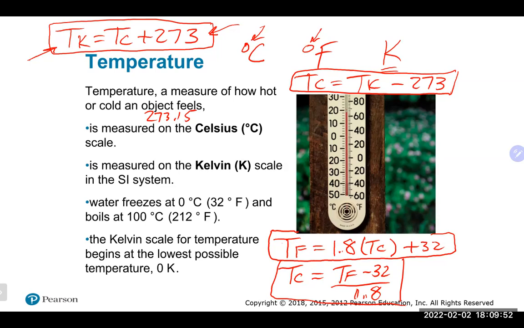But really the Celsius to Kelvin is definitely the one that you should put into your head. Again, you really need to know all three of these, except that after chapter 2, you probably can forget about these guys for the most part. The top guy is really the one.